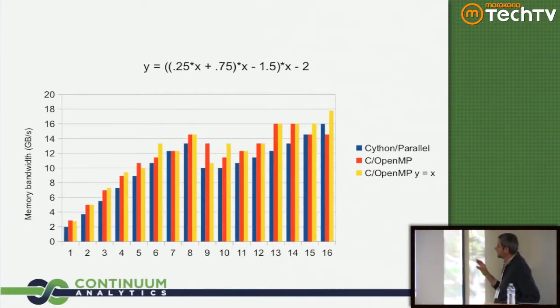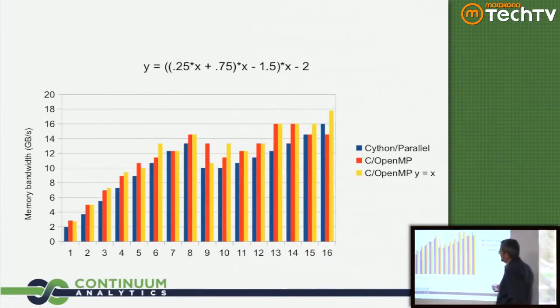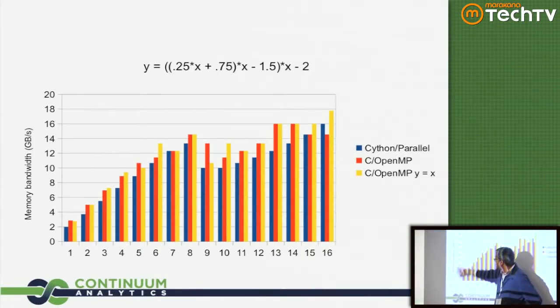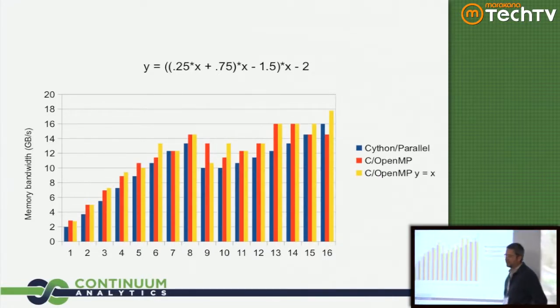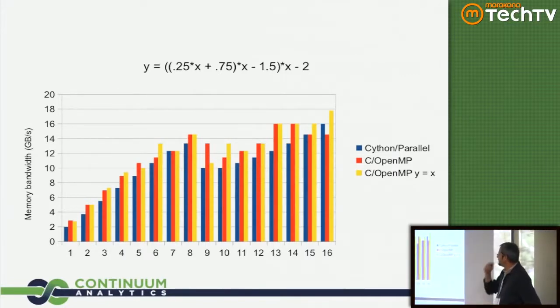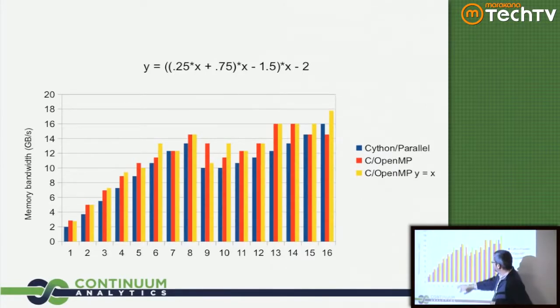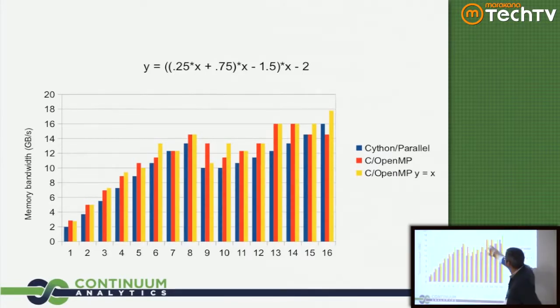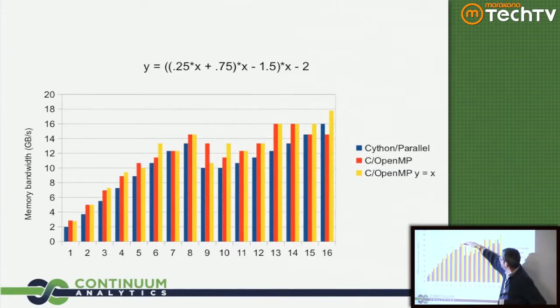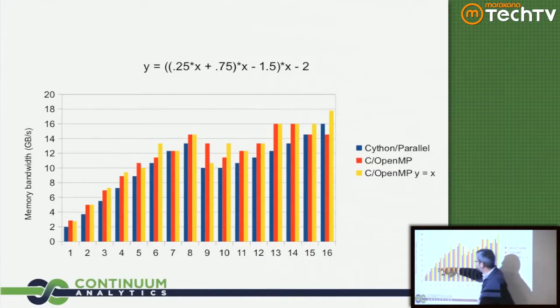This is exactly the same plot, but instead of representing times in this axis, I have represented memory bandwidth. This is a really interesting plot because we see that when we reach a certain number of CPUs, we are mainly limited by the memory bandwidth of this machine, which is around 16 gigabytes per second.